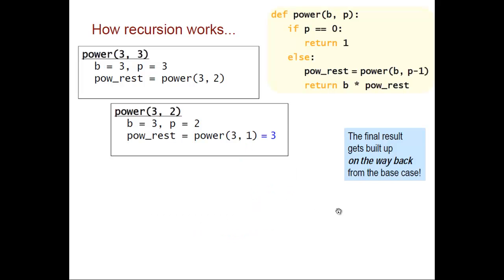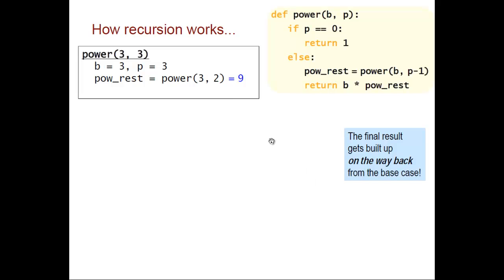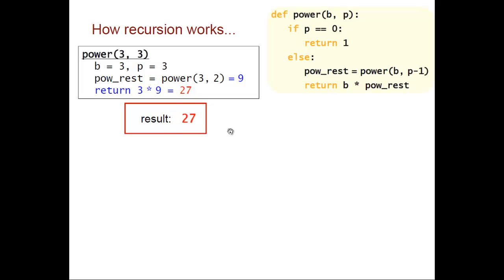That gets sent back. We go back to the previous invocation. It gets assigned to this pow_rest, the one in this stack frame, and we return 3 times 3, or 9, which is indeed 3 squared. That value gets sent back and gets assigned to pow_rest in this stack frame, and we return 3 times 9, or 27, which is our final result.